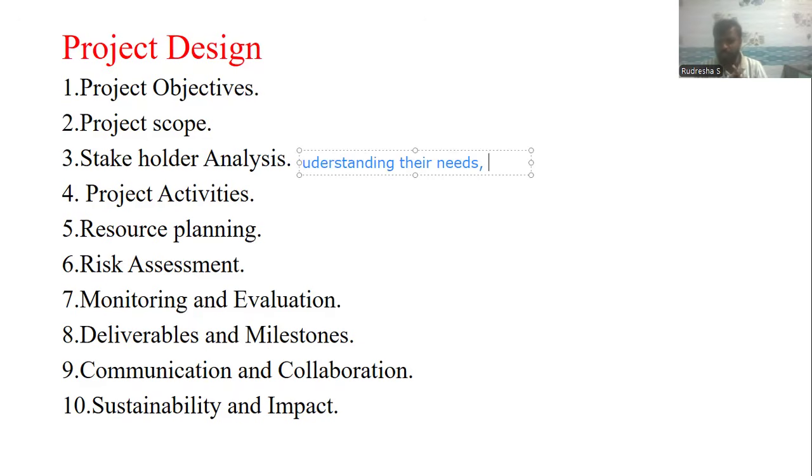Next, expectations, and potential influence. These are all things in stakeholder analysis.